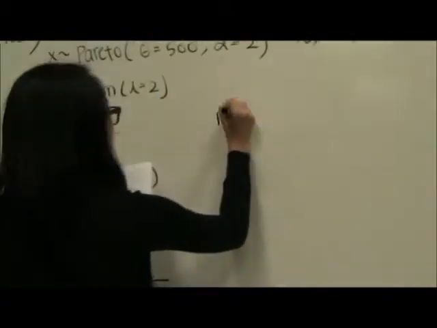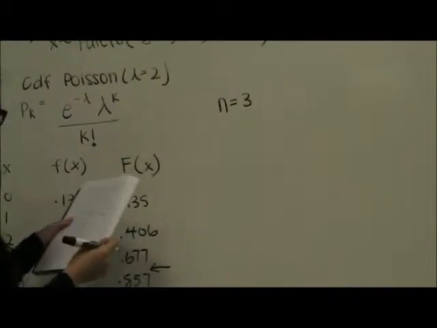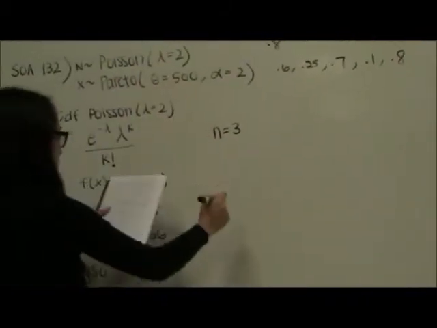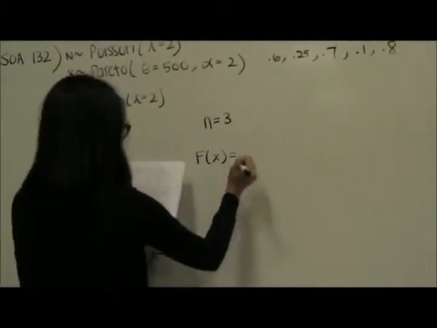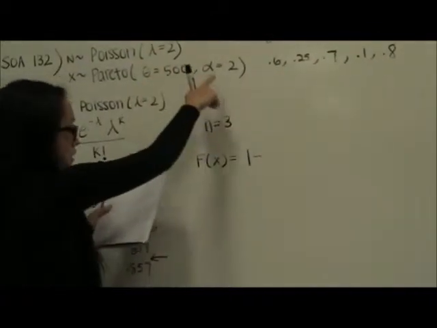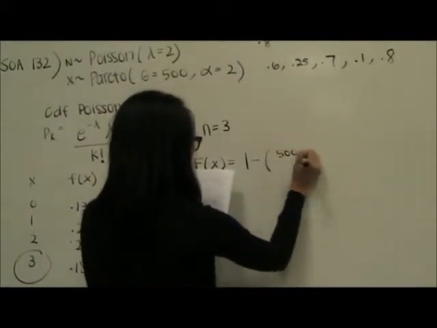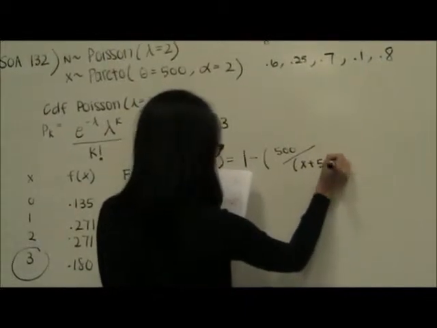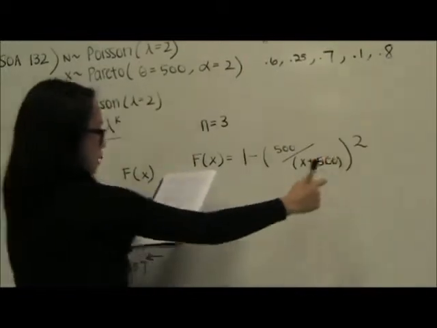So knowing that n is equal to 3, you are going to take the Pareto function for your severity. And you know from our tables that the cumulative distribution of a Pareto with theta equals 500, alpha equals 2 is equal to 1 minus 500 over the quantity x plus 500, and this entire thing to the alpha, so in this case 2.